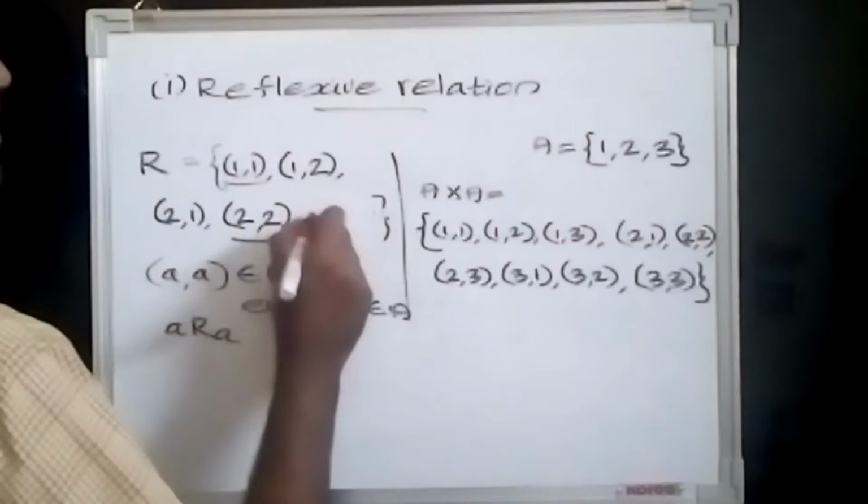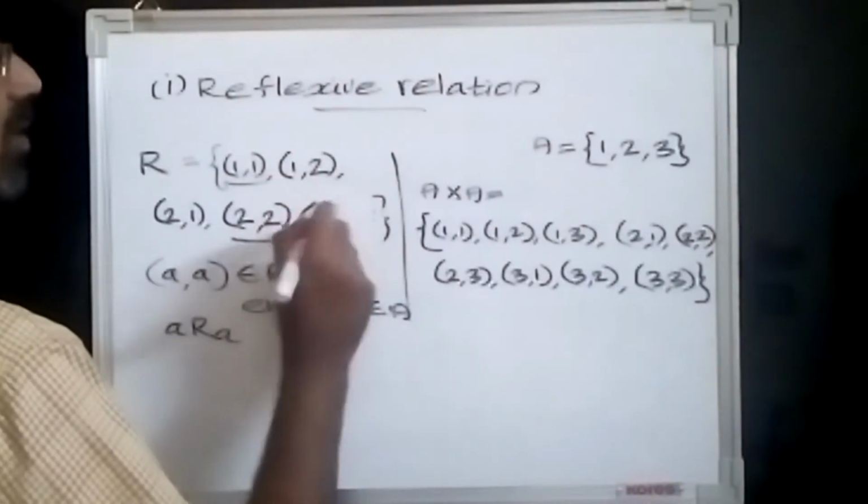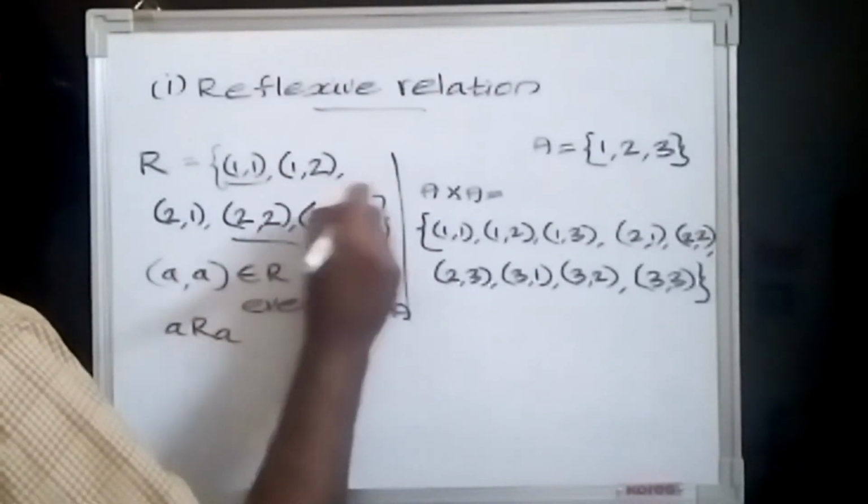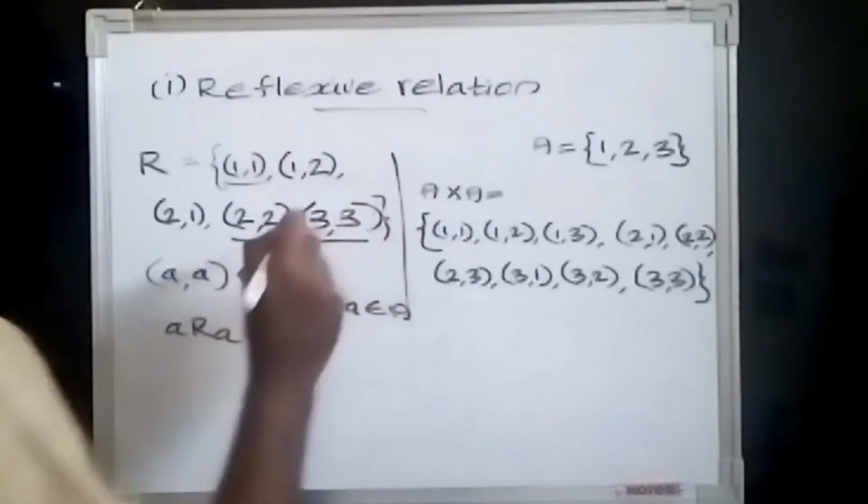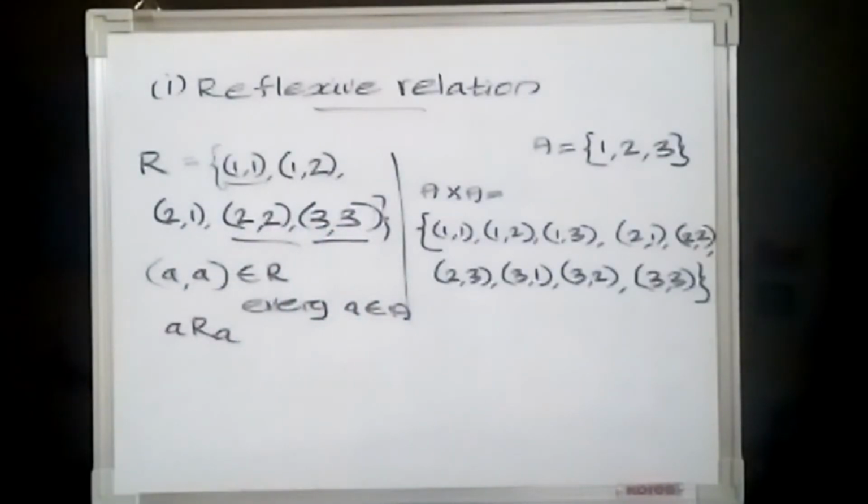And it is necessary that there should be (3, 3) for it to be an equivalence relation. Again we explain the definition of a reflexive relation.